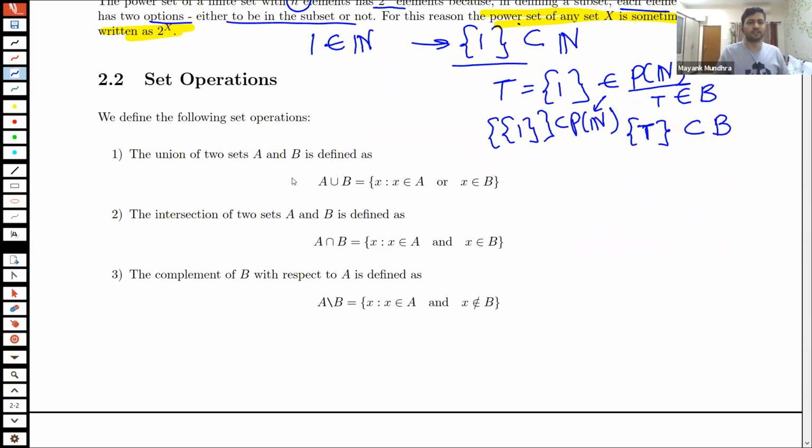All right, now set operations. You might know about these set operations, so I will not talk in much detail. Union of sets.